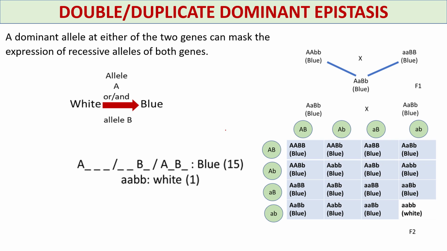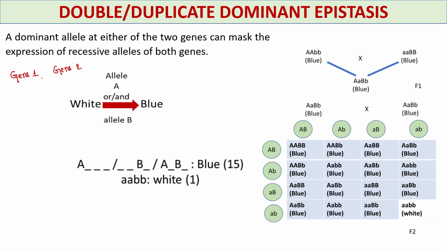Next is double or duplicate dominant epistasis. In double dominant or duplicate dominant epistasis, a dominant allele at either of the two genes can mask the expression of recessive alleles of both genes. Suppose a plant has two genes, gene 1 and gene 2.